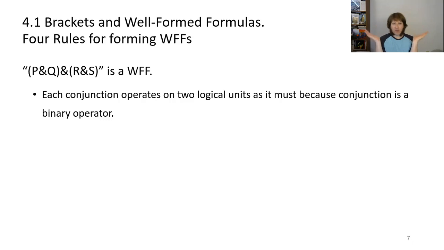What's on either side could just be a simple statement, like in, say, P and Q, but we can also use conjunction or any of the other operators to connect complex statements. We put the complex statements into brackets precisely to see where the different statements are. It's a way of making sense of what we're doing. Just like using punctuation in English, using commas or periods, shows us where certain bits of information start and stop.